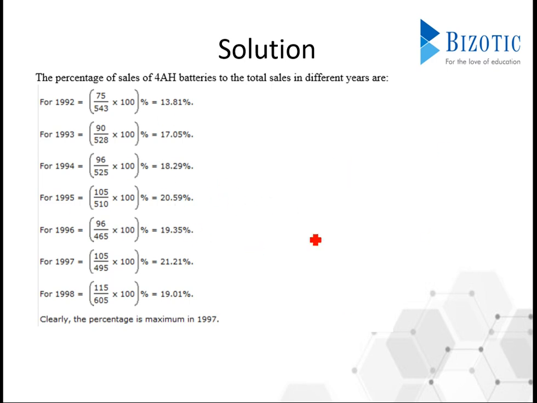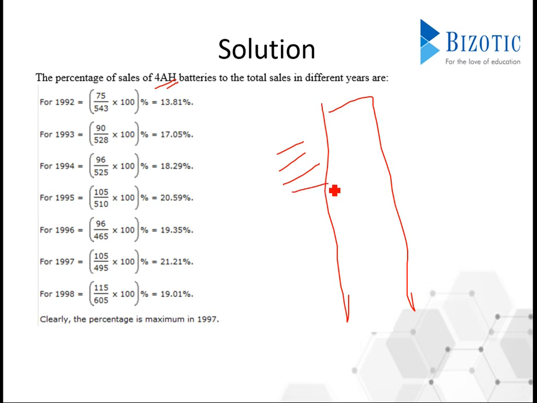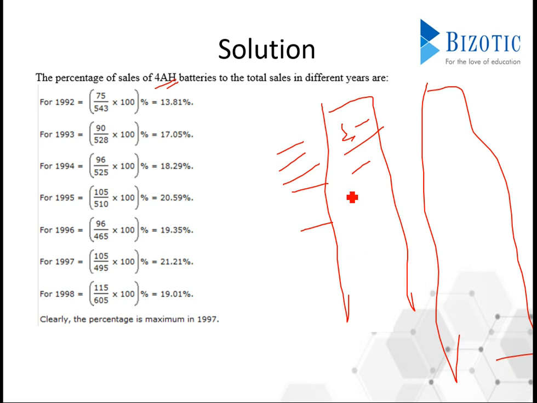Now what this solution explains is that the 4Ah battery sales are given in the table for each year, with different values like 45, 46, 47. They have asked what the percentage is with regard to the total batteries sold in that year. So 75 batteries of capacity 4Ah were sold out of 543.